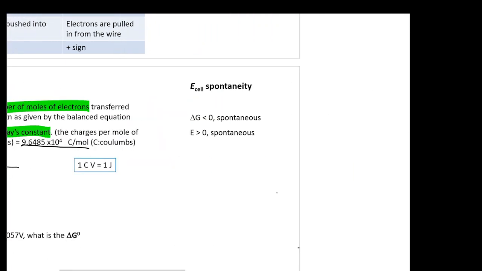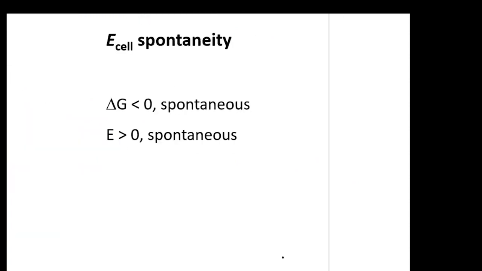The important thing that we should know is that if a reaction is spontaneous, then your delta G is going to be negative. Since your delta G is equal to negative n times F times your Ecell, in order to have a spontaneous reaction, your Ecell has to be positive.